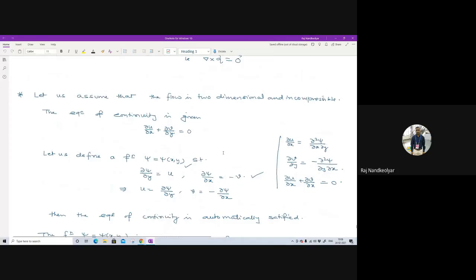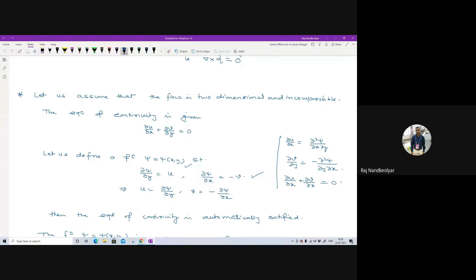the stream function. Okay, so we assumed a two-dimensional flow which is incompressible, and if the flow is incompressible, we know that the equation of continuity is given by del u del x plus del v del y equal to 0. And now if you have the continuity equation like this, you can define a function psi equal to psi(x,y) such that this psi satisfies these two conditions.